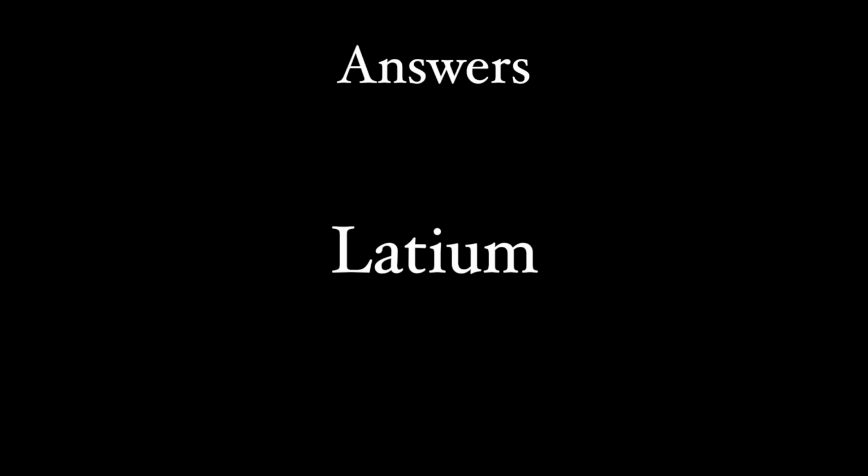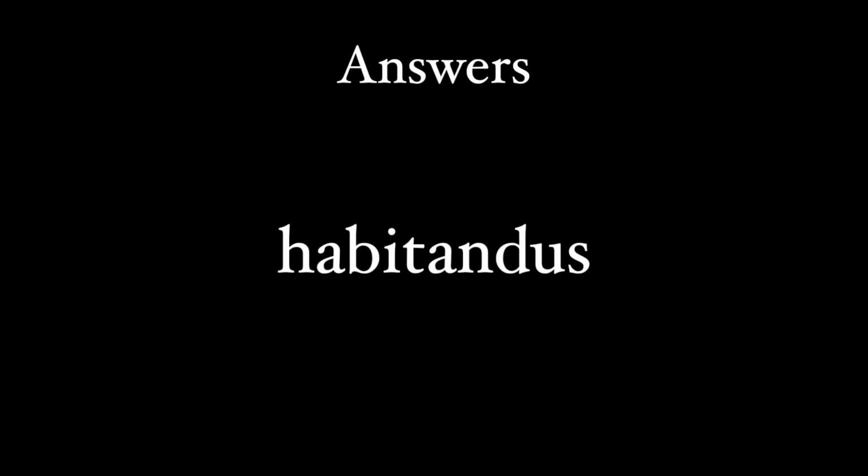Next we have latium, where the penult is short, so the accent falls on the antepenult, latium. With habitandus, the penult is long or heavy because the A is followed by 2 consonants, so that means that the accent falls on the penult, habitandus.